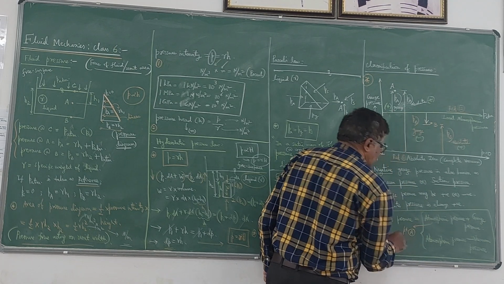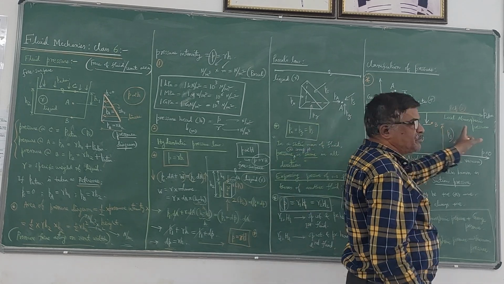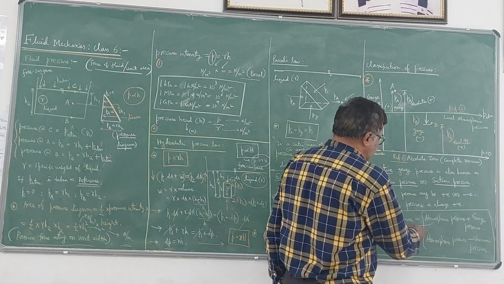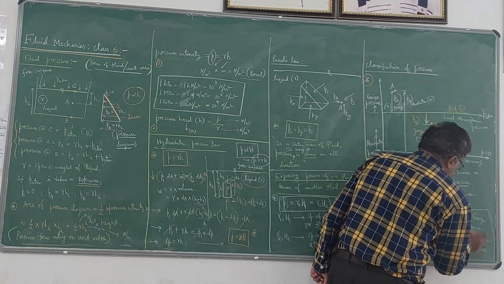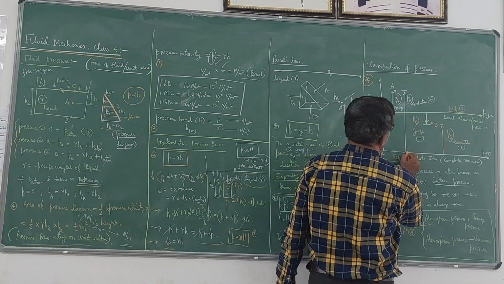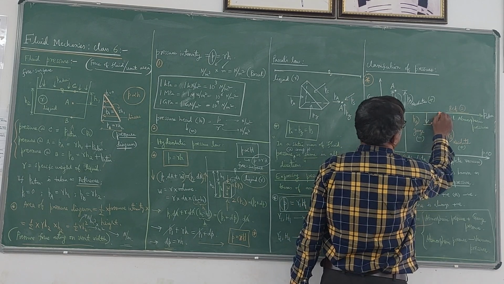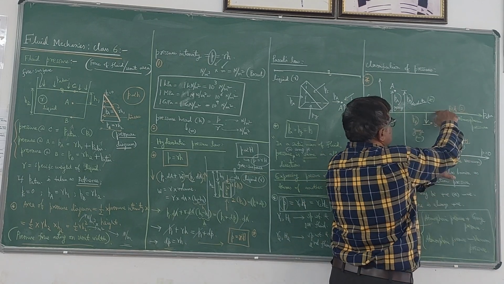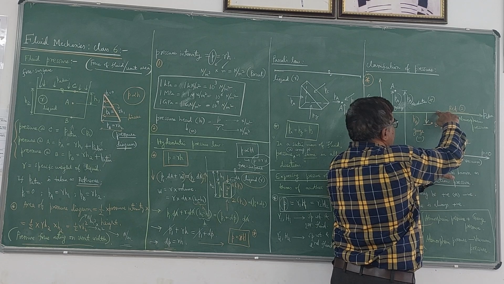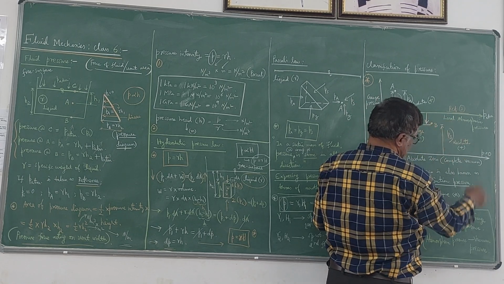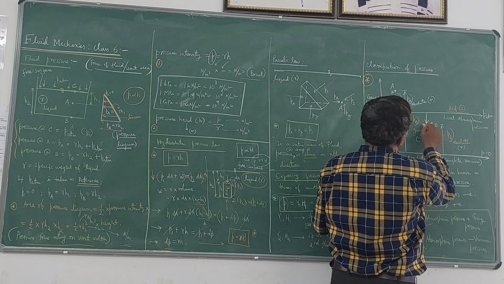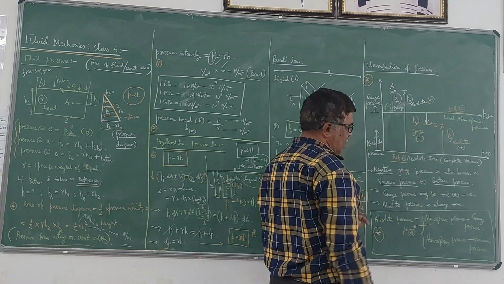Or, if a point is below local atmospheric pressure, then you can define absolute pressure as atmospheric pressure minus vacuum pressure. You can see that atmospheric pressure is from here to here, and from that I have to deduct the vacuum pressure.